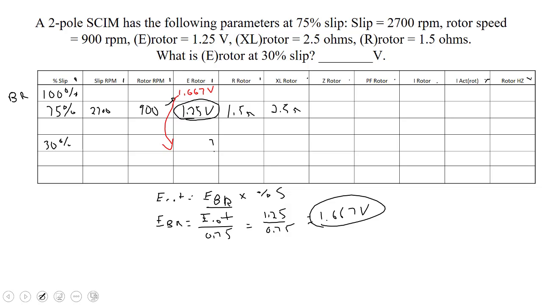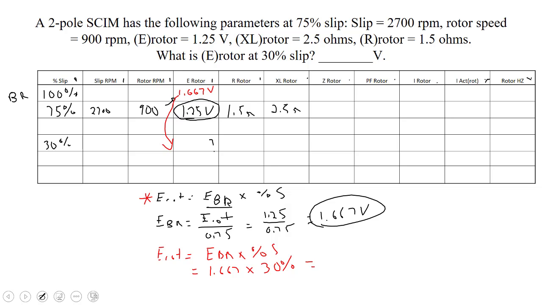Well, same formula as we have here. The E of the rotor is going to be equal to my E blocked rotor value times my percent slip. So E blocked rotor is 1.667, or 100% slip, and I times it by 30%, or 0.3.